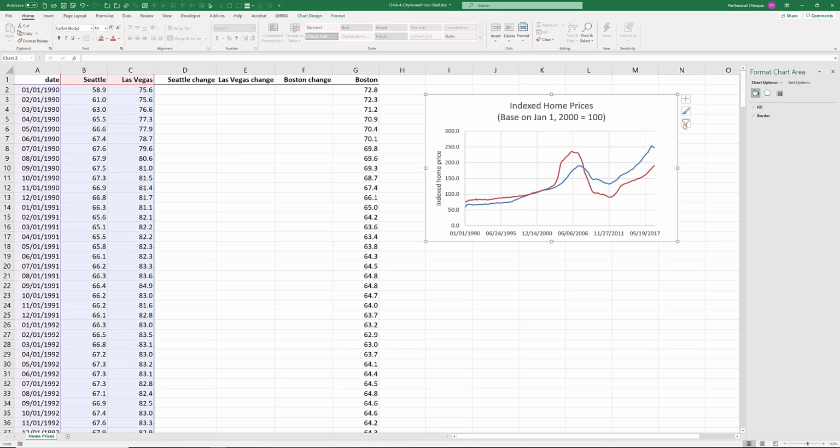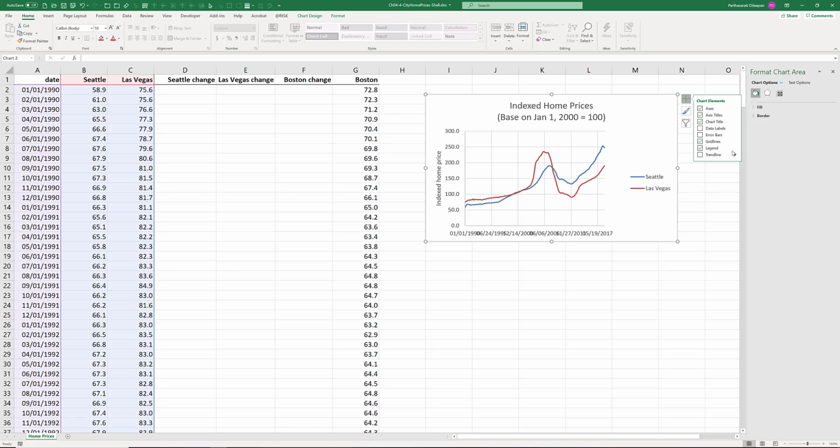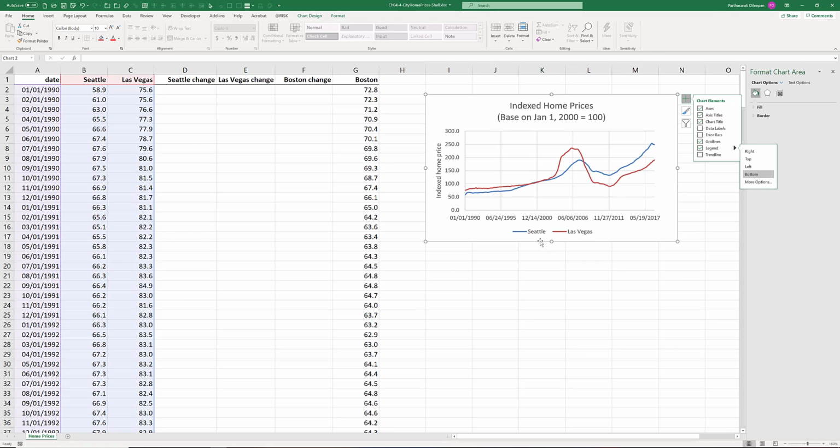Okay, and then we'll add a legend, so that way we'll know what each of the lines is supposed to be.